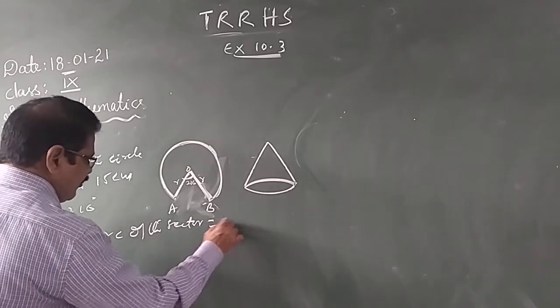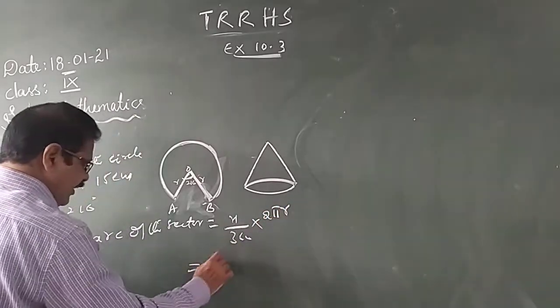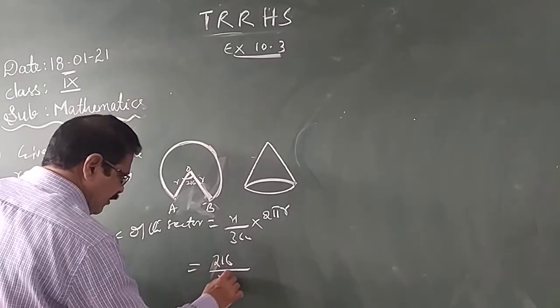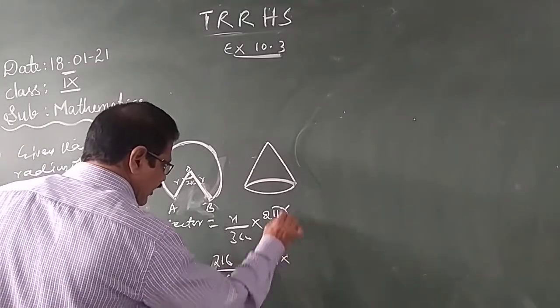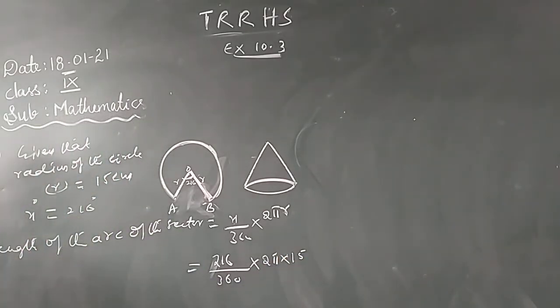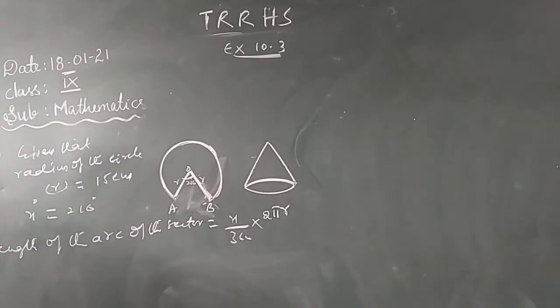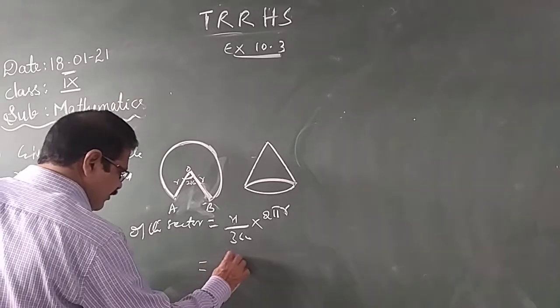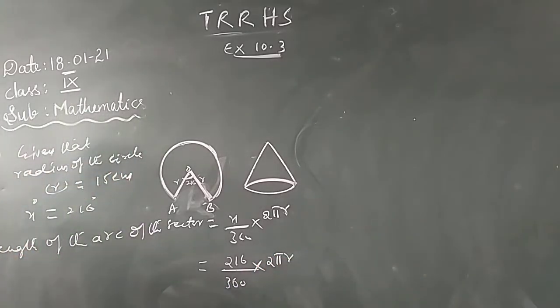Length of the arc of the sector is equal to x by 360 into 2 pi r. x is 216 by 360 into 2 pi r. The radius of the circle is 15. But we don't know the radius of the sector.